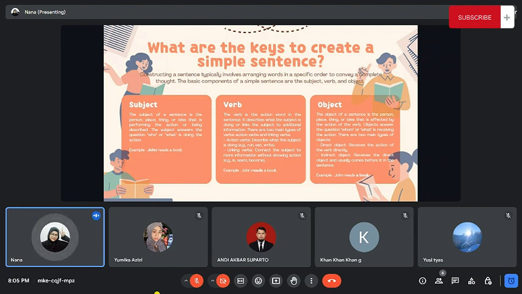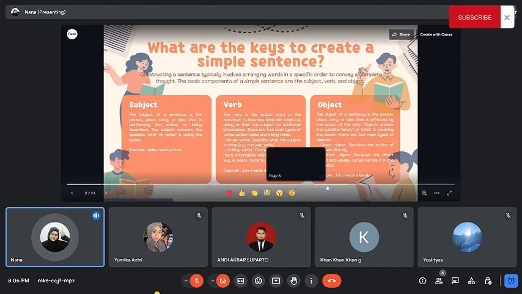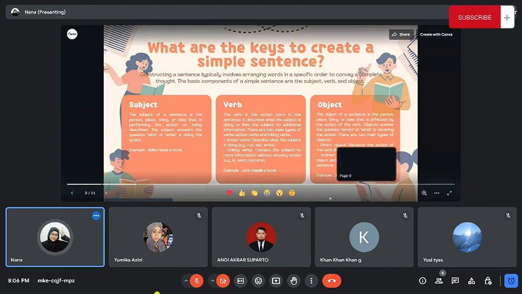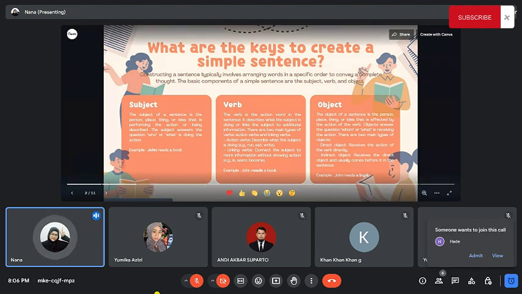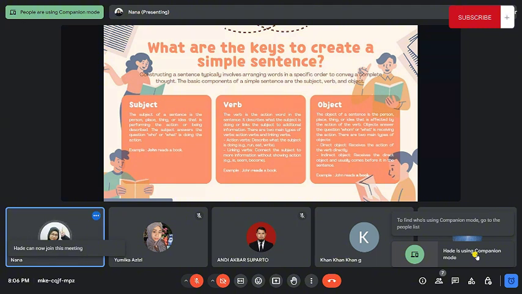The direct object receives the action of the verb directly. And the indirect object receives the direct object and usually comes before it in the sentence. So the example of objects here: in the sentence John reads a book, a book here is the object. Okay, so far.